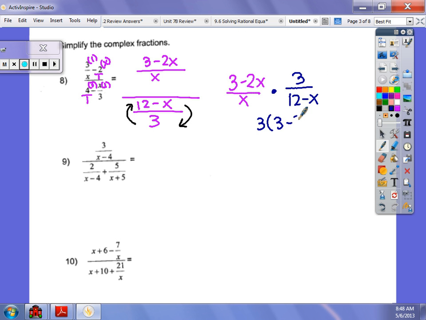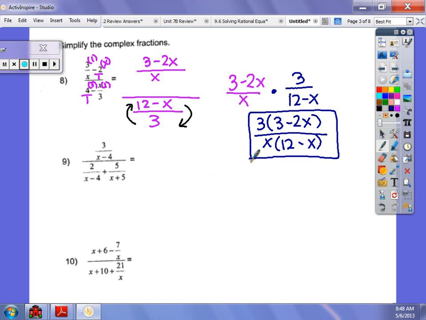Well, since nothing crosses out, this will be your final answer. And you won't have to do anything else to the problem. Now you could, if you really wanted to be mathematically correct, you could write it like this. But I will accept this answer.